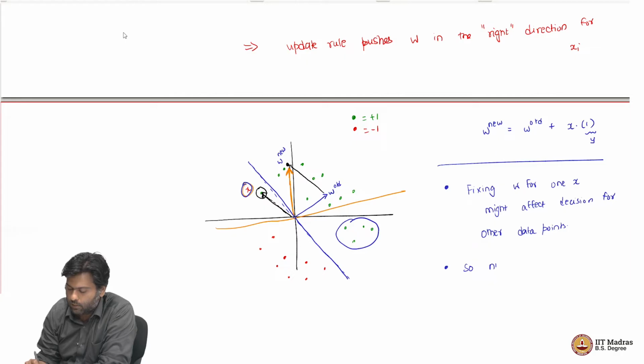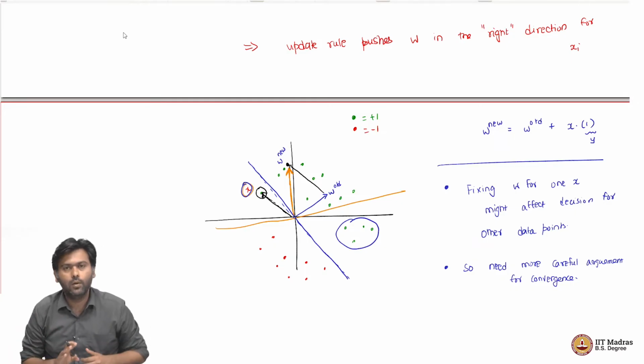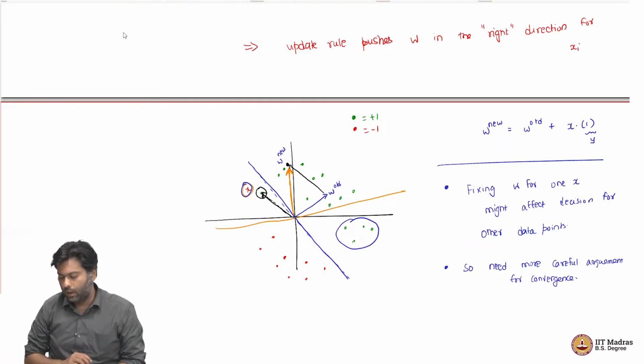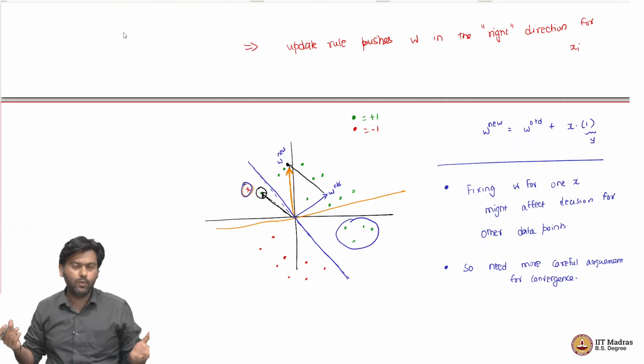So, we need a more careful argument for convergence. We have to be very careful when we are trying to argue convergence of this algorithm.